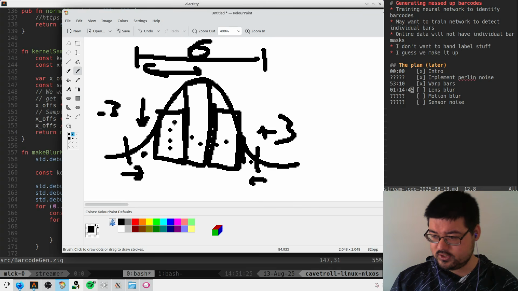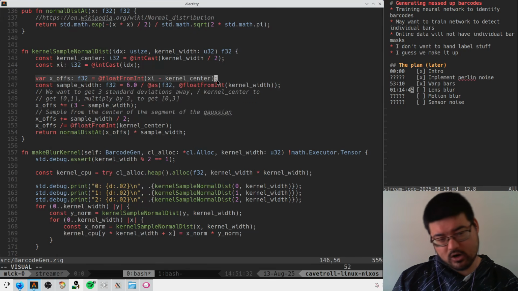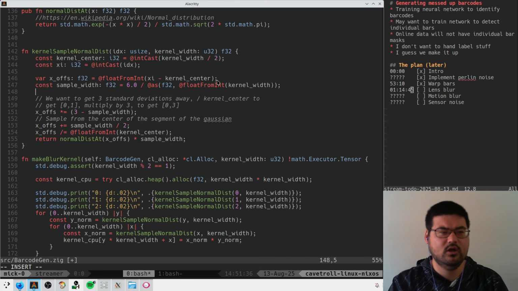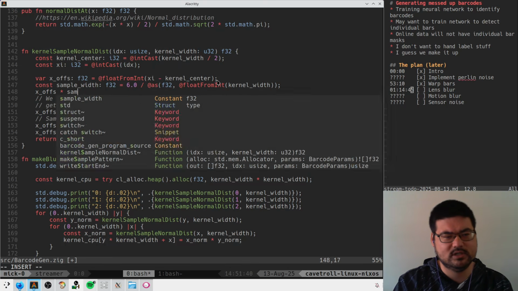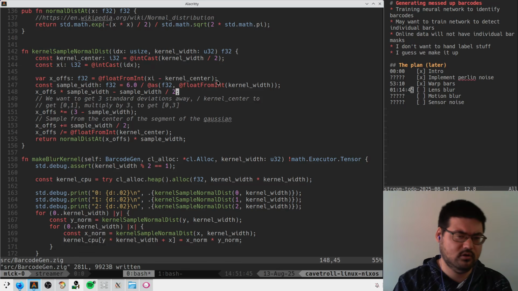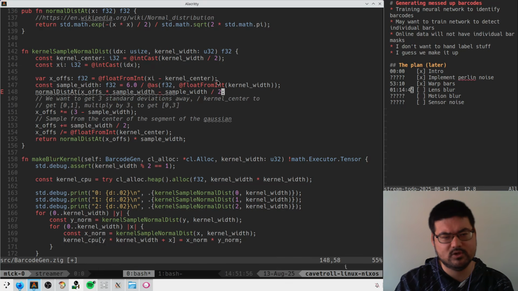That makes sense. Our sample width is 2. Here we have our offset from the kernel center. So are we just doing too much here? We can just multiply x offs times sample width minus sample width over 2, right? Yeah. Does that make more sense?